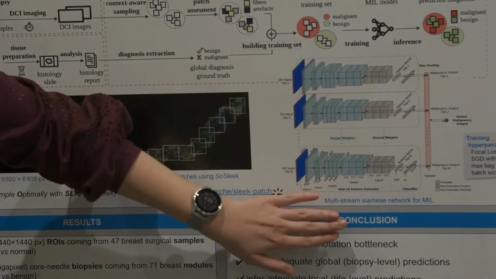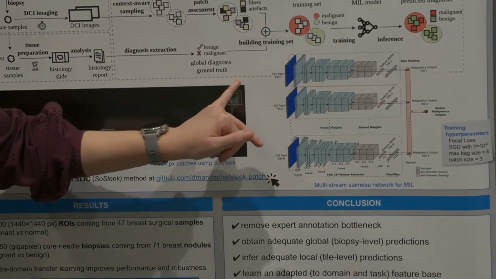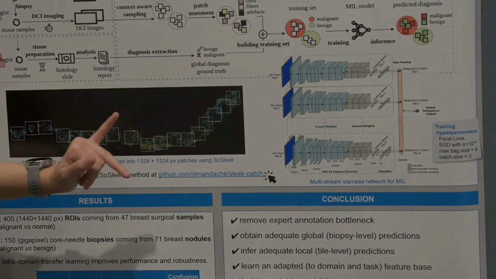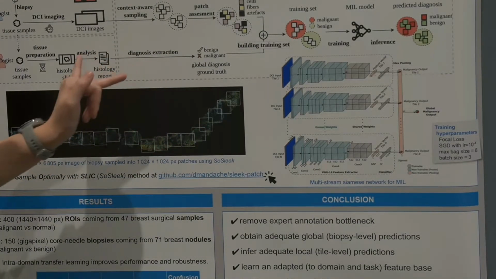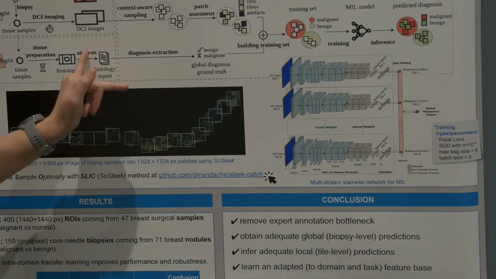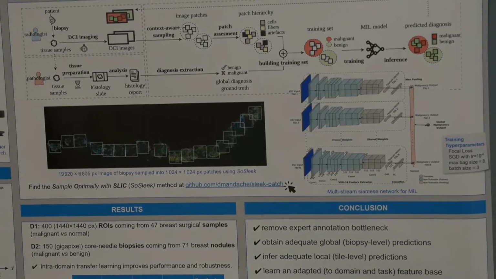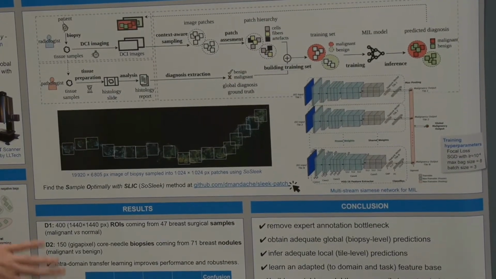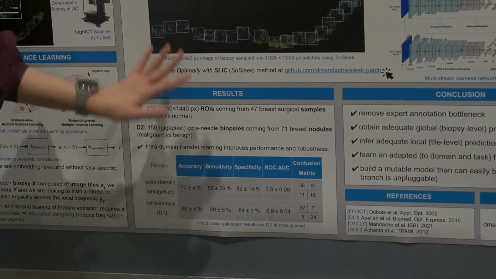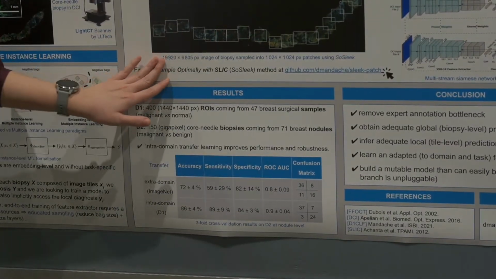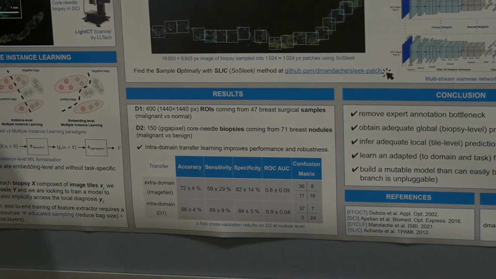And the actual training is done by comparing the highest scoring patch, so the patch with the highest prediction, with the global prediction extracted from the pathologists. And with this, we managed to obtain a global prediction at the sample level, but also we have an idea of the diagnosis at the local level.